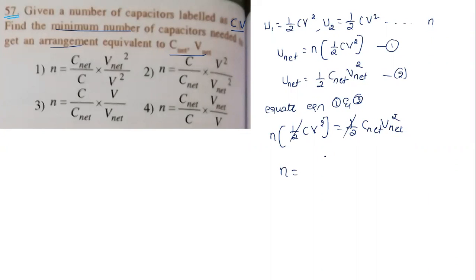We want n, so n equals C net by C into V net square by V square. Which option is correct? The first option is correct, with the square also. This is for n number of capacitors for the C net, V net arrangement. Let us move on to the next question.